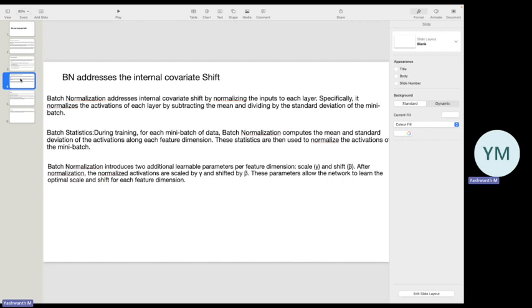It also stores buffers, running mean and running variance buffers across the training set, so that they can be used at test time for the inference.